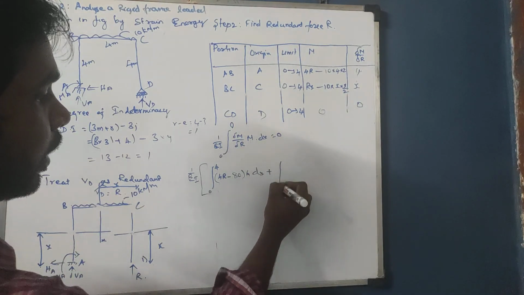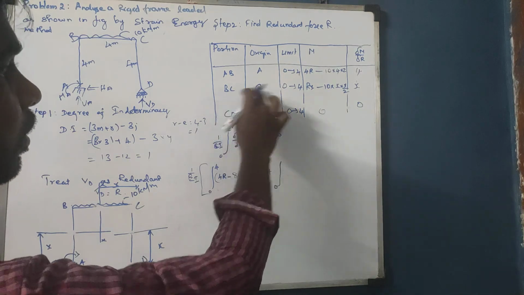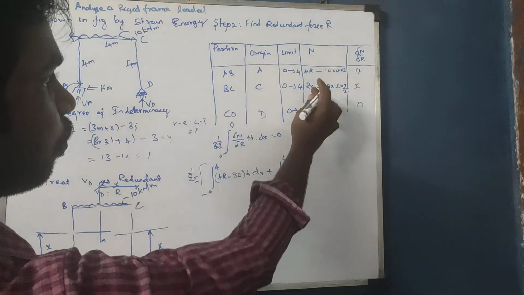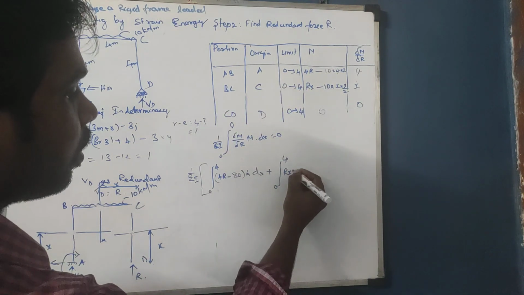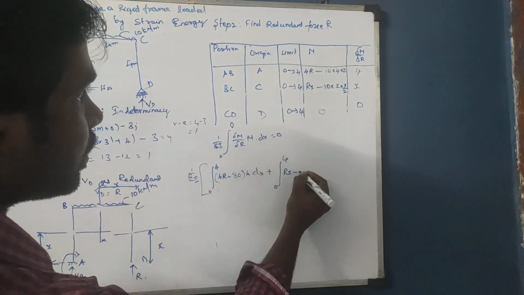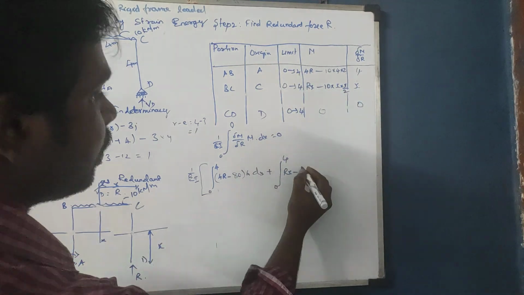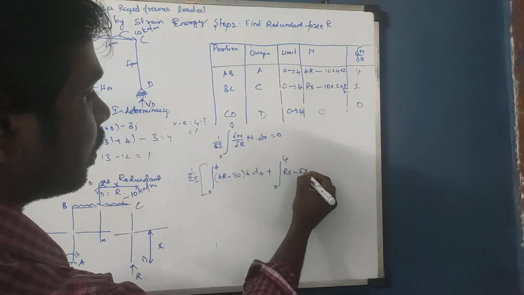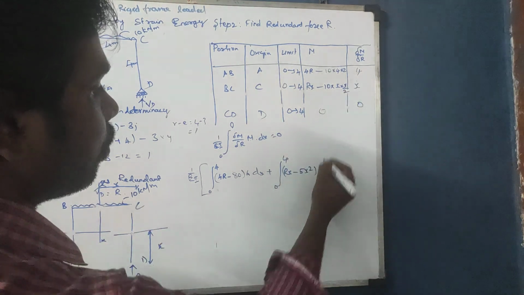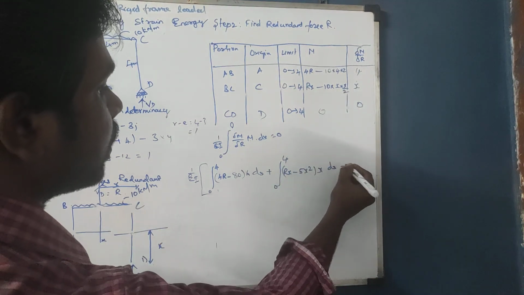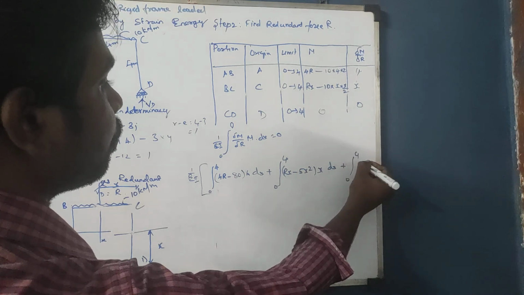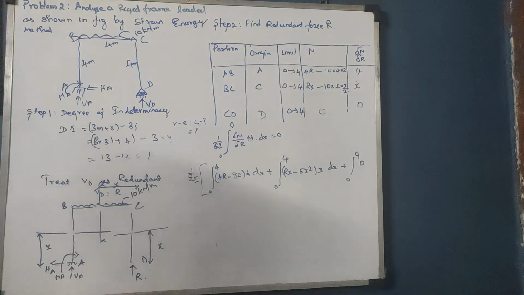Plus the second limit 0 to 4, M equal to Rx minus 10 into x square by 2, that is 5x square, dou M by dou R is x, dx. Plus integration of 0 to 4, 0.